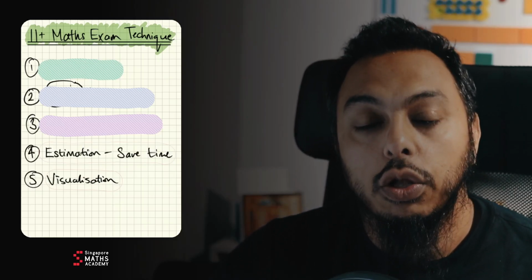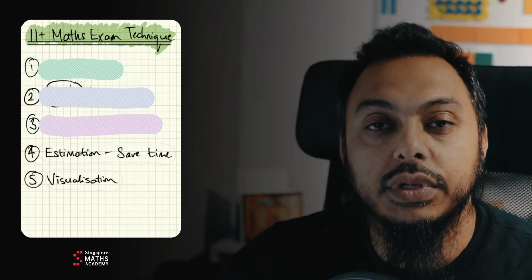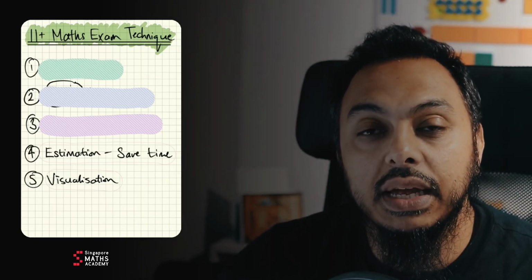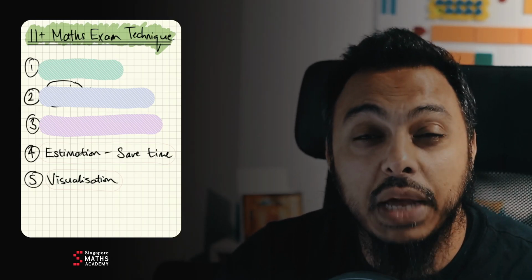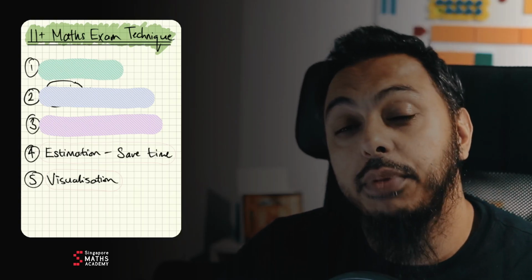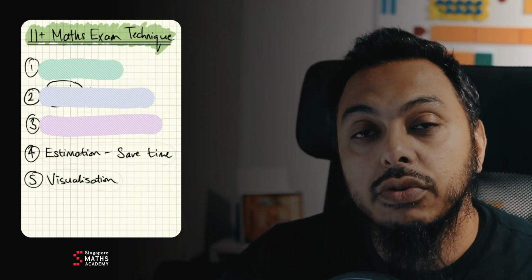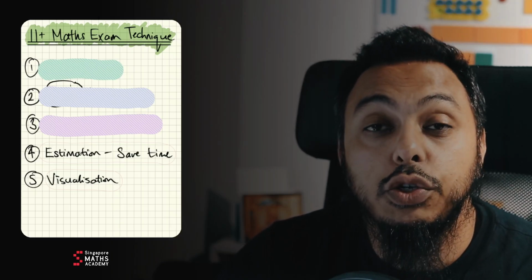Tip 2: Estimation saves you a lot of time. If you haven't started to estimate in your 11 plus exam preparation, so you probably have done some mocks, hopefully past papers, which are much better than third-party mocks, now is the time for you to start using estimation skills.